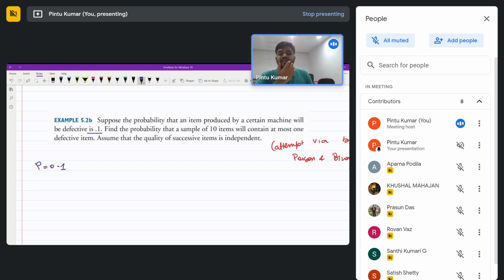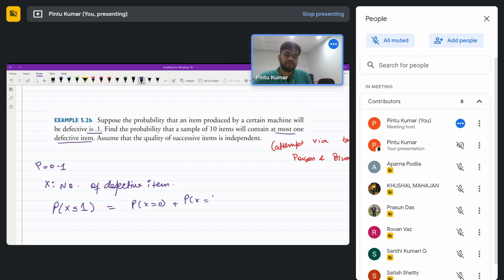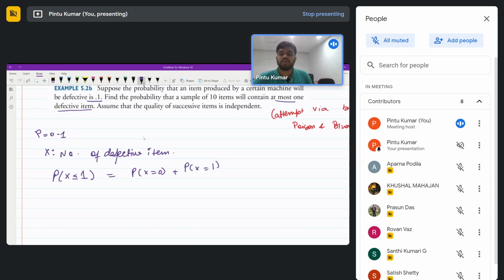Find the probability that a sample of 10 items will contain at most one defective item. If x is the number of defective items, then we need to find the probability that x is less than or equal to 1, which is the probability x is equal to 0 plus the probability x is equal to 1.